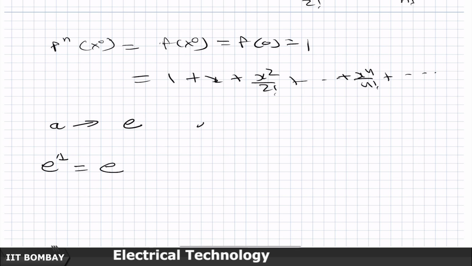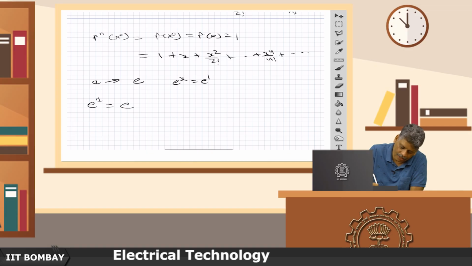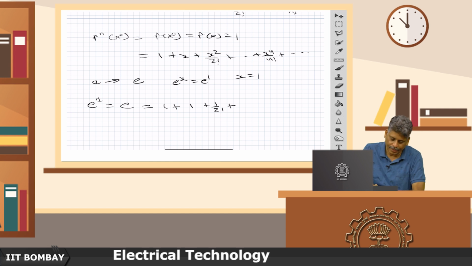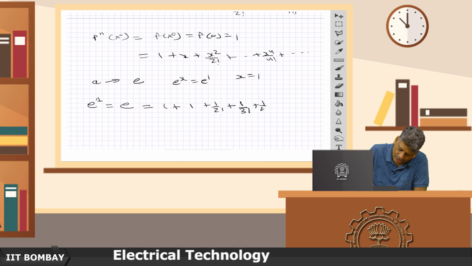So, e to the power x with x equal to 1. Then the value of the base e is going to be 1 plus 1, plus the third term, 1 by 3 factorial, plus 1 by 4 factorial, and so on.